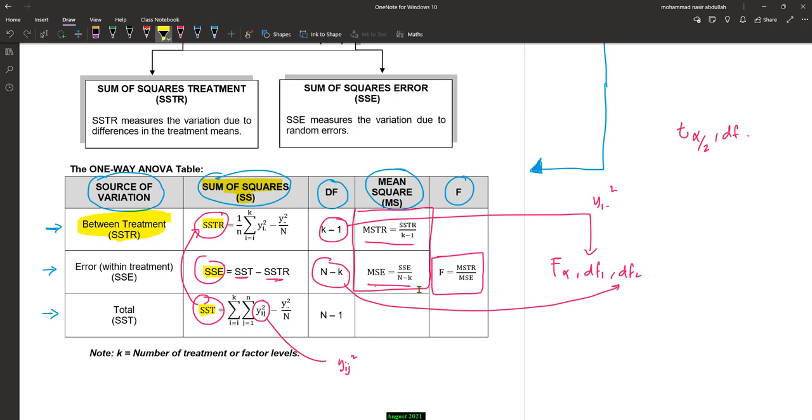Let's say kita ambil tengok 1 over n summation of yi squared minus y dot squared divided by capital N, right? So I just copy this one first.